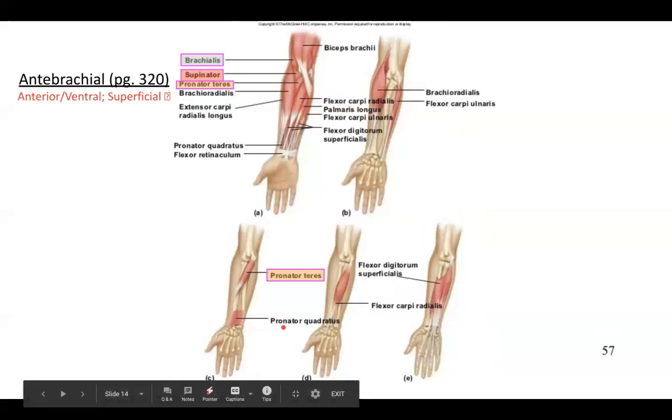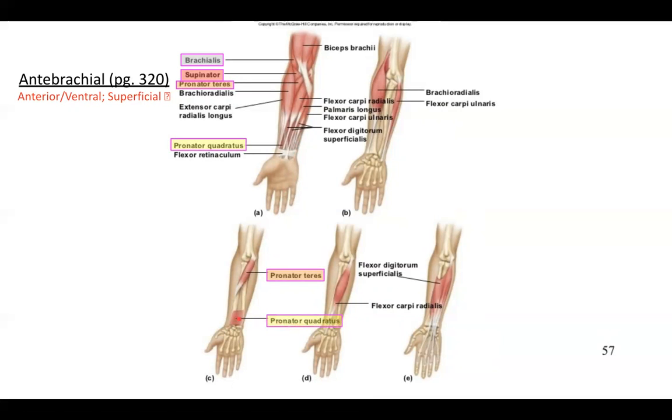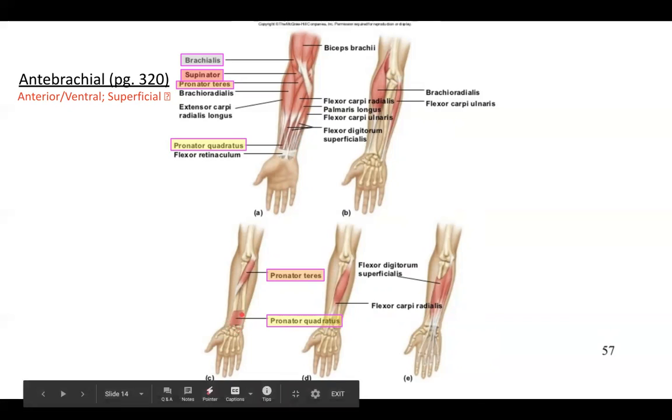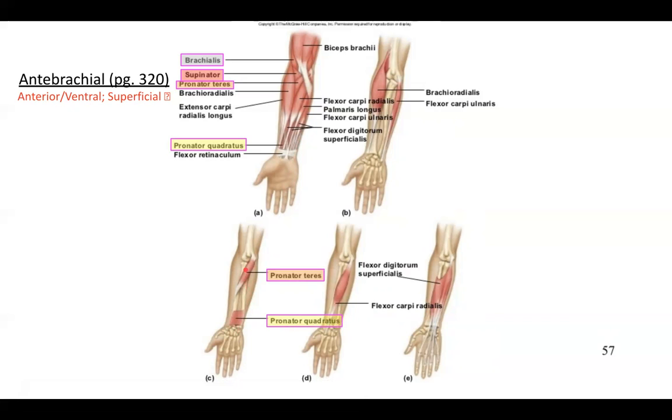And then same thing with the pronator quadratus down here. It also originates in the ulna and then inserts into the radius. So these will help to turn your palm downwards in the pronation motion. So that's nice and easy.